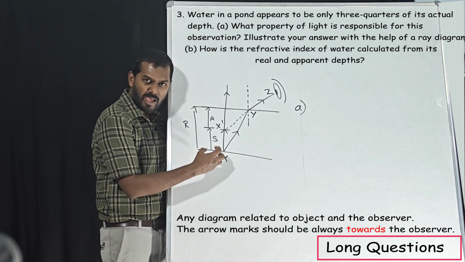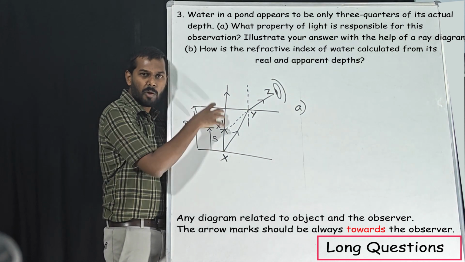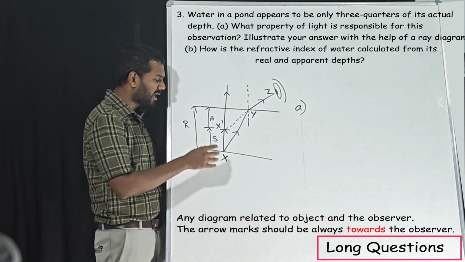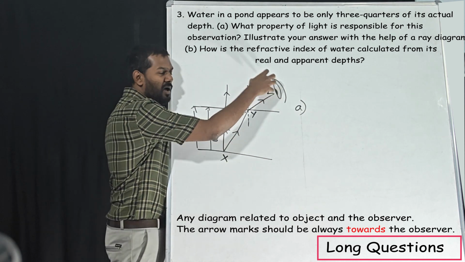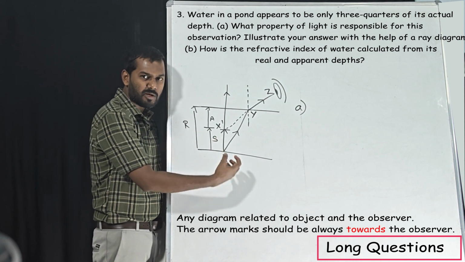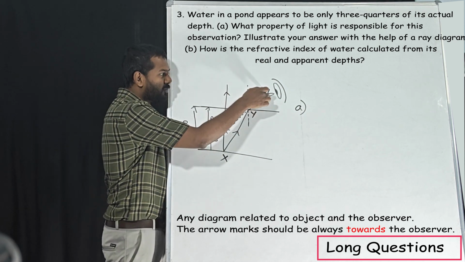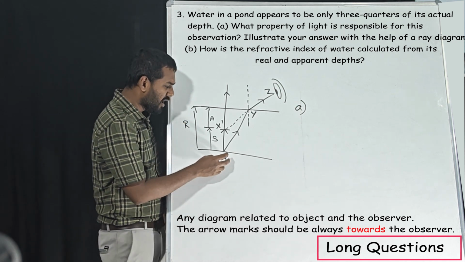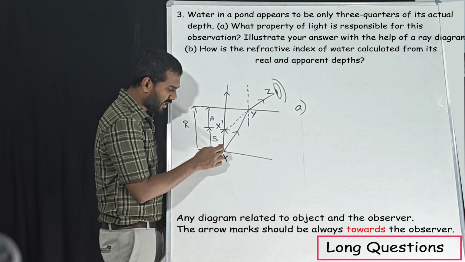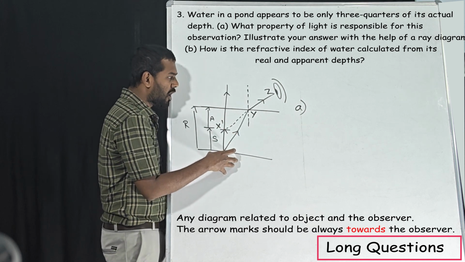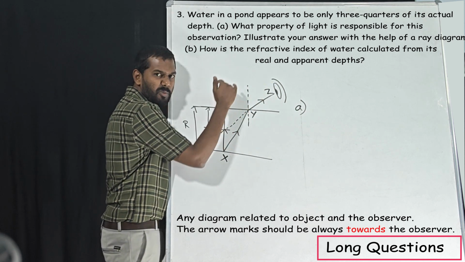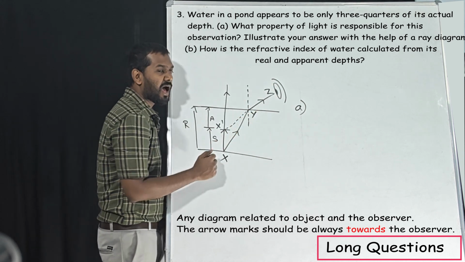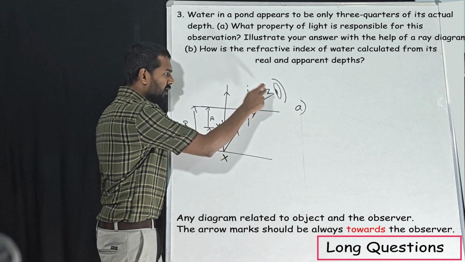An object X is at the bottom of the pond. The pond is considered here as the denser medium. Next, the object is viewed from the rarer medium, that is nothing but air. The ray XY from the object enters the rarer medium, that is air, as refracted ray YZ.